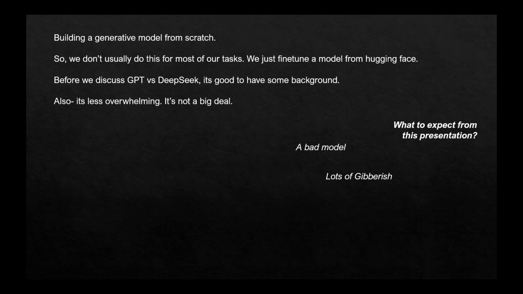Well, I already know the model's going to be bad because you need a ton of data to make sure that the model works great. And this is just an example, so I didn't put too many resources into it. We just want to build something that generates, that's it. And yes, it did generate a lot of gibberish, but it's okay. It's going to serve our purpose.